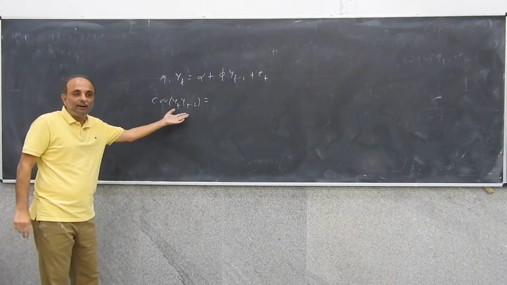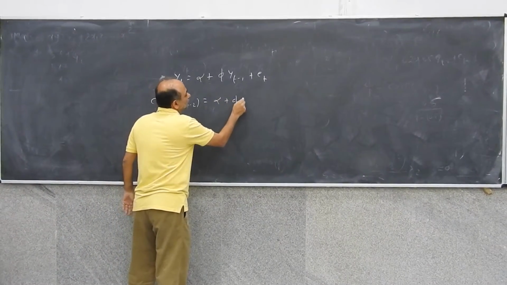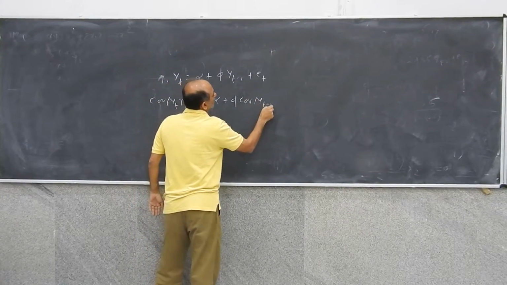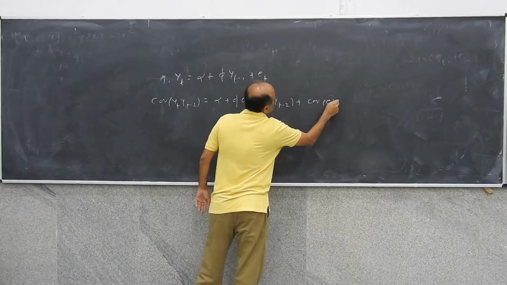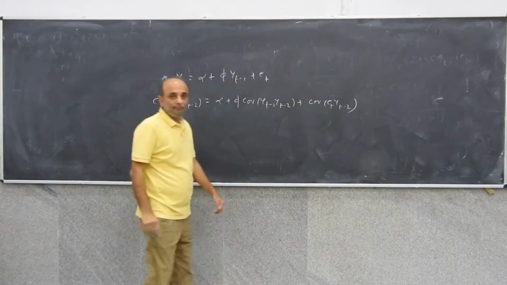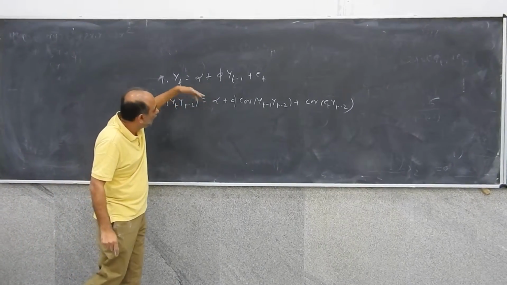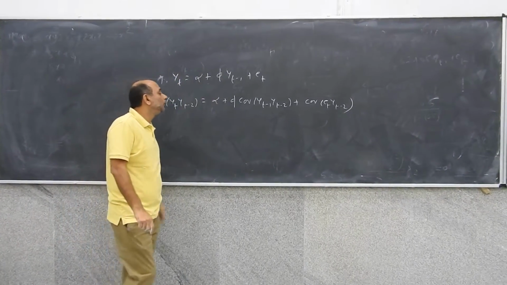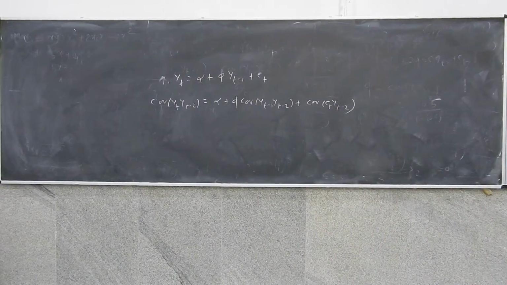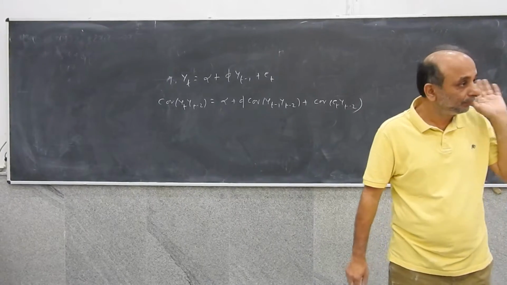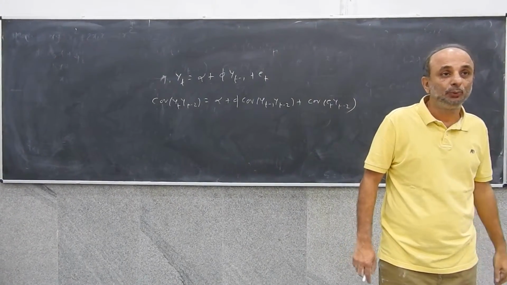Alpha cannot have any covariance with yt minus 2, so alpha stays as it is, phi into the covariance of yt minus 1 and yt minus 2, plus the covariance of et and yt minus 2.